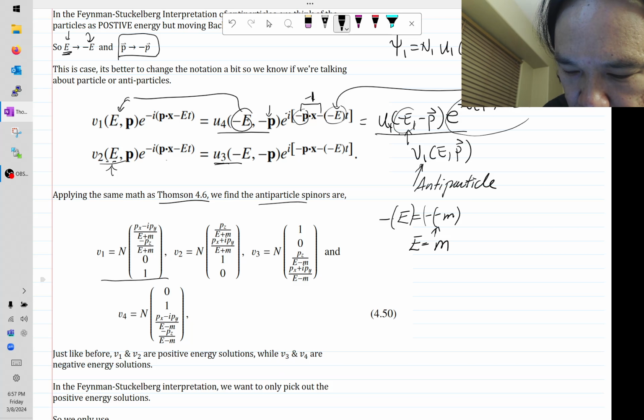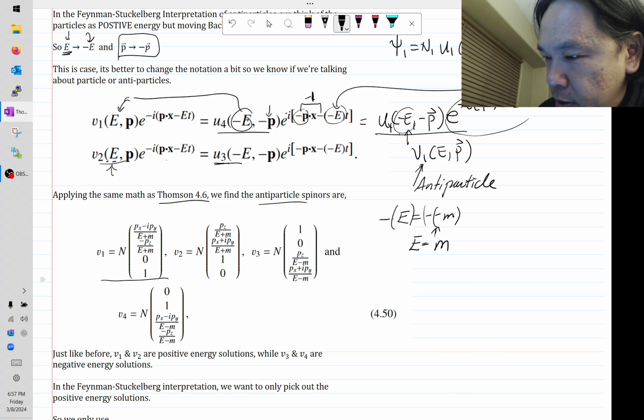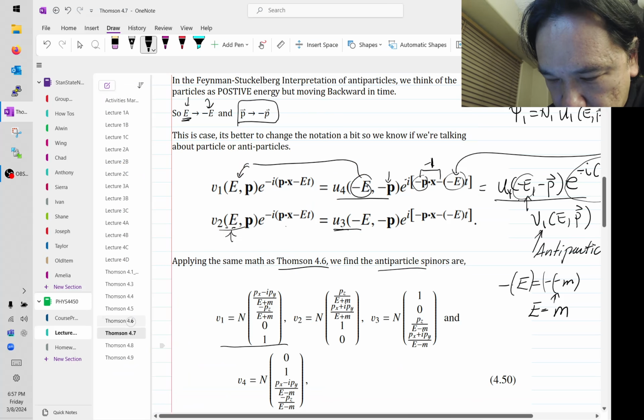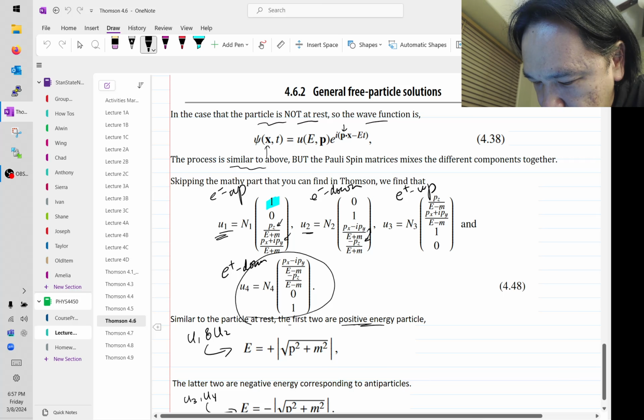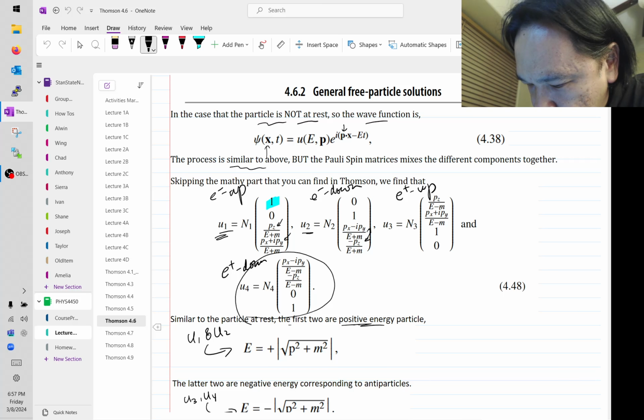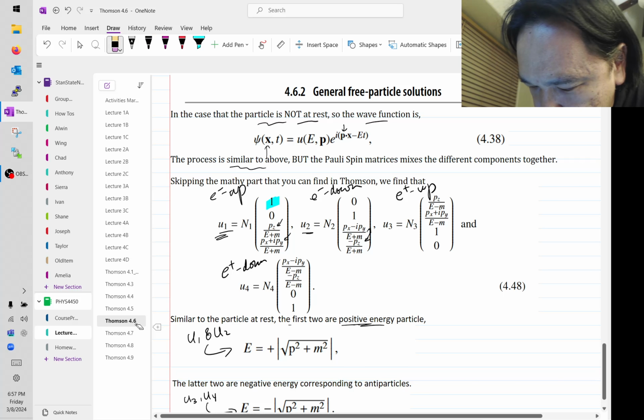Okay, the momentum, Px minus i Py, divided by E, but instead of minus m, as in the u4 case. Let me just show you that, to make sure we know what we're talking about. If we go back to the previous section, these are the free particle solutions.